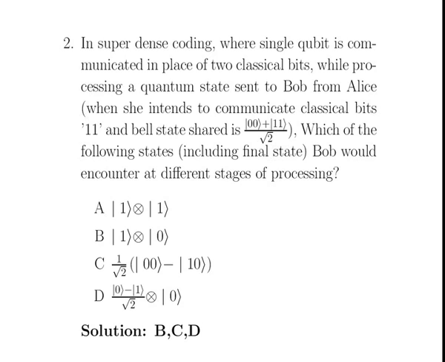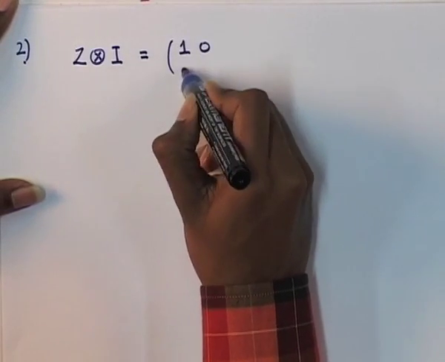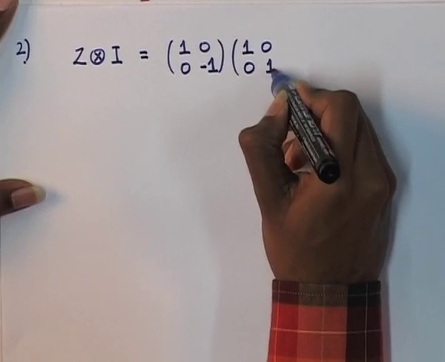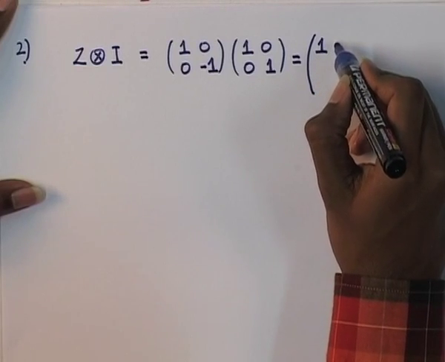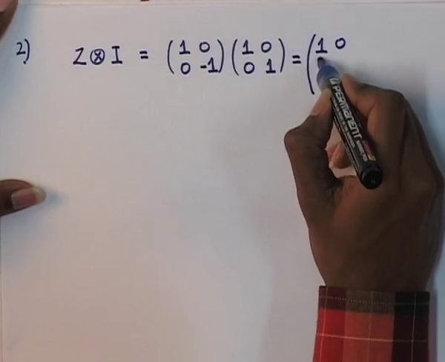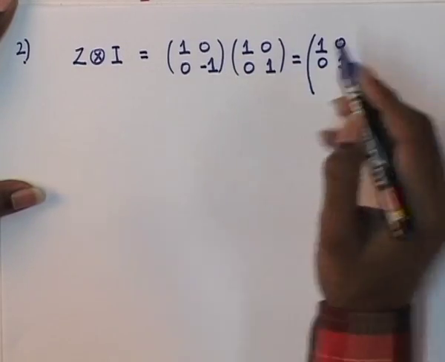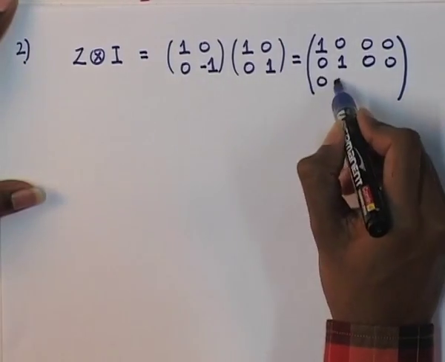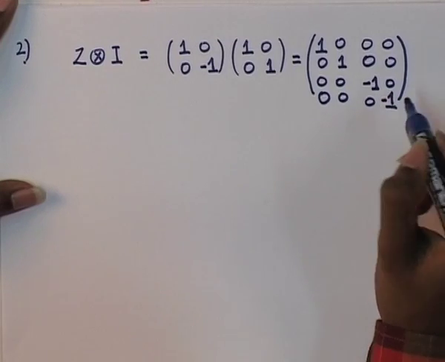The first stage of processing is applying this gate, which is the matrix with 1 multiplied by this matrix, 0 multiplied by this matrix, 0 multiplied by this matrix, and minus 1 multiplied by this matrix.